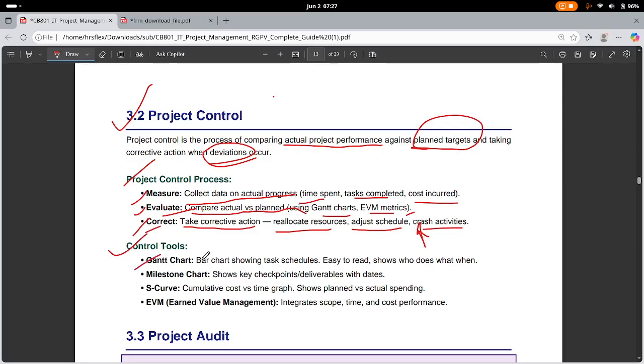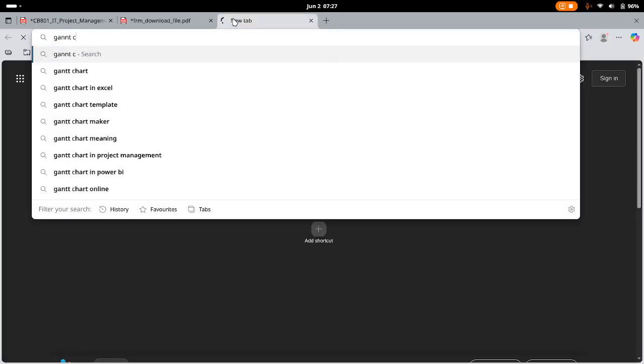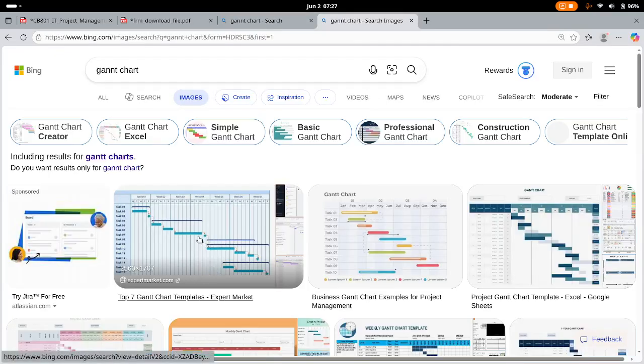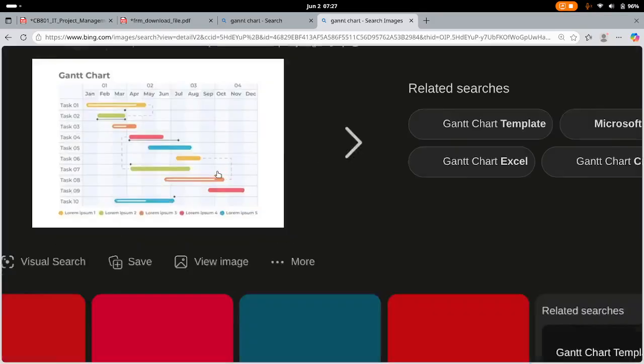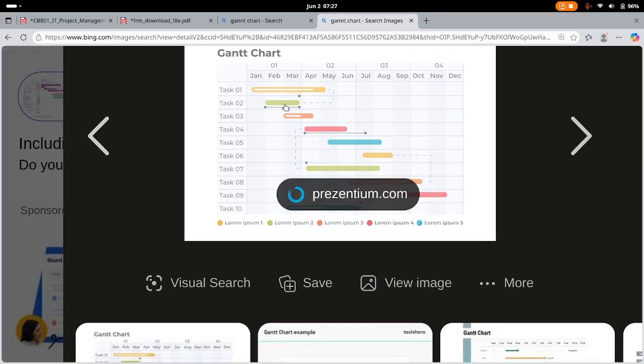So what are the tools you use for project control? Use Gantt charts. We discussed the Gantt chart in the operating system lecture, if you know. These are basically the charts that you can use to track the resources and the activities, whether you are going in the right direction or a wrong direction.